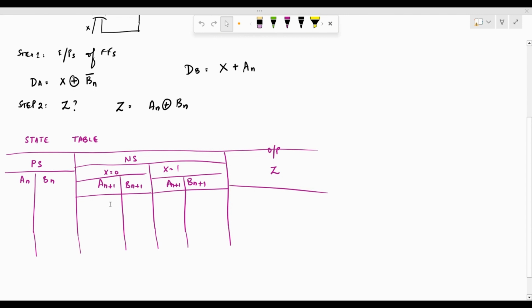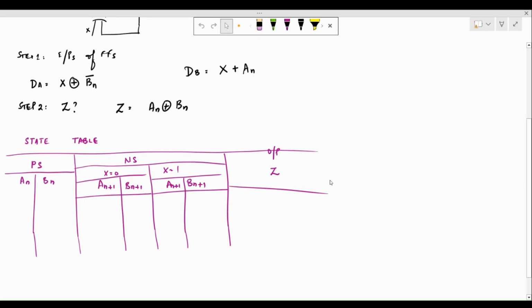So that's how the columns here are formed, and the output Z. The present state can be 00, 01, 10, and 11. These are the four possibilities, considering the present state of both flip-flop A and flip-flop B.